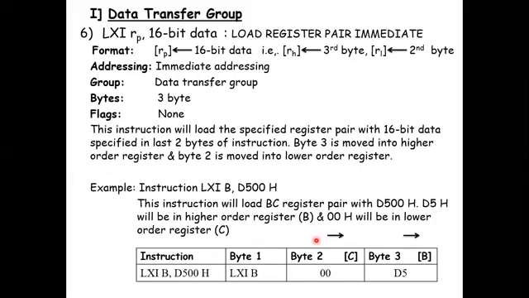It is immediate addressing mode, data transfer group, 3 bytes, flags none. Flags means affected flags: after execution of the instruction, if any flags are affected, it will be shown. So this is the format.